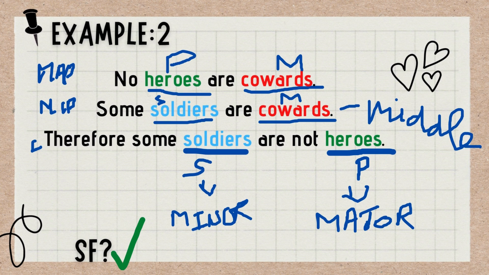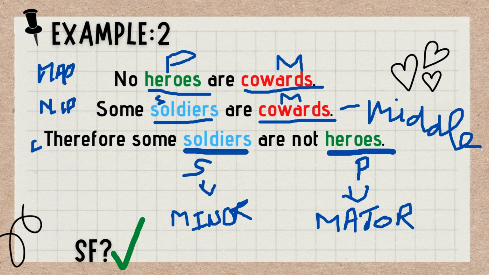And as usual, the sentence which has therefore is the conclusion. So what is standard form? Standard form means it must be in the order of first major premise, second minor premise, and then conclusion. So this follows major premise, minor premise, and conclusion. So the fourth rule is also proved. So we can see it is a syllogism.